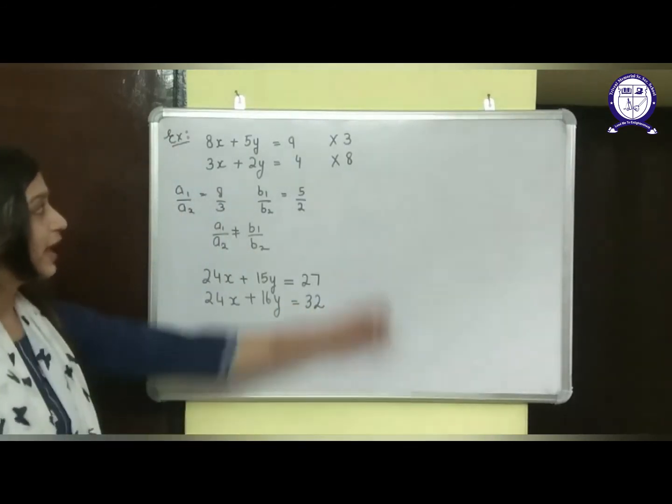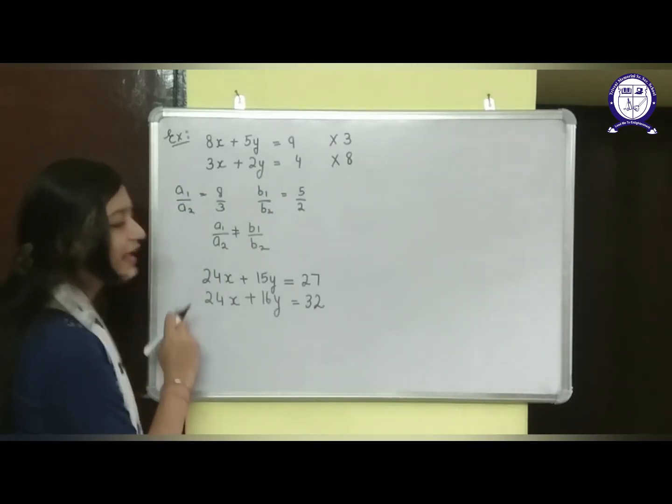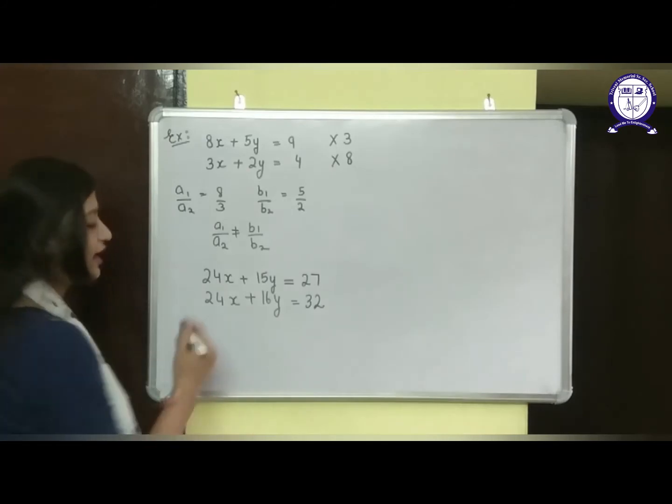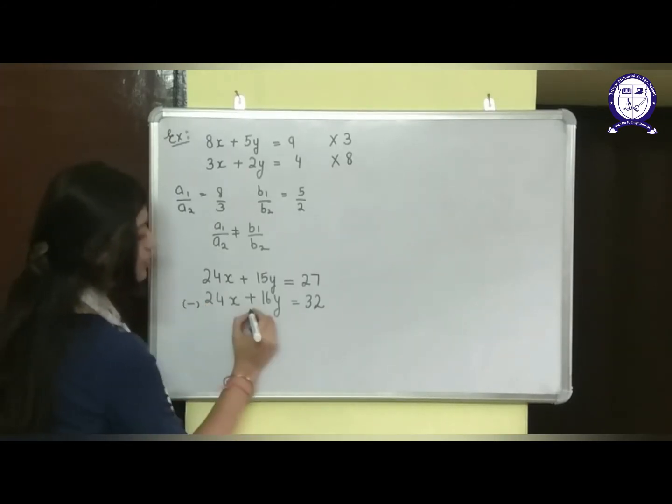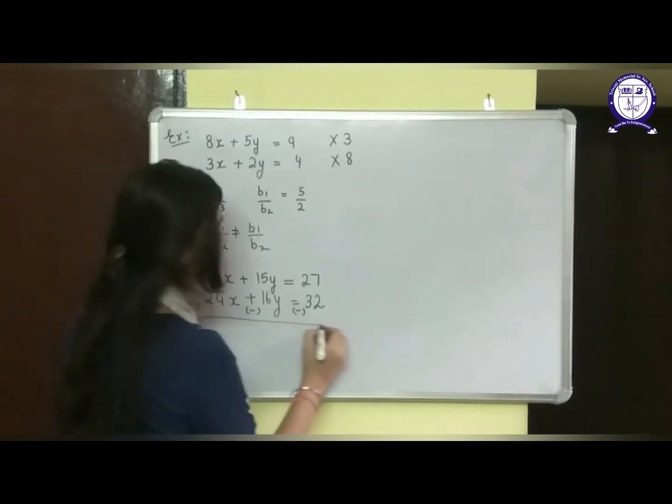Right? I will multiply all the terms with these numbers. Now I can see that I can eliminate x if I subtract them. So I will change the signs, and then I will solve it.